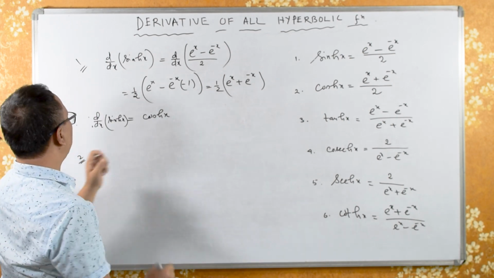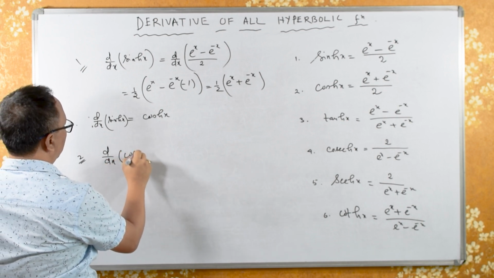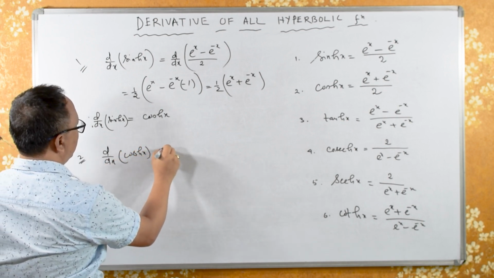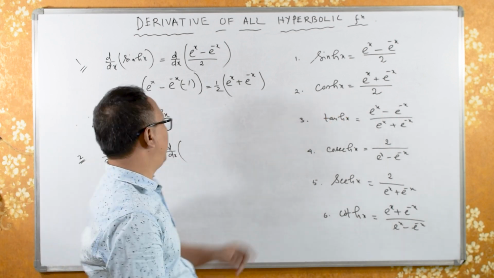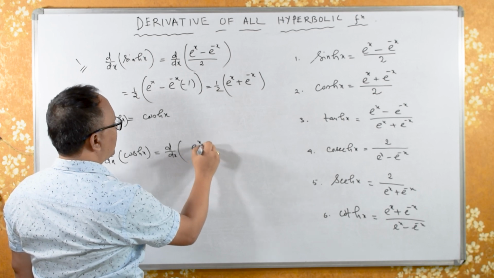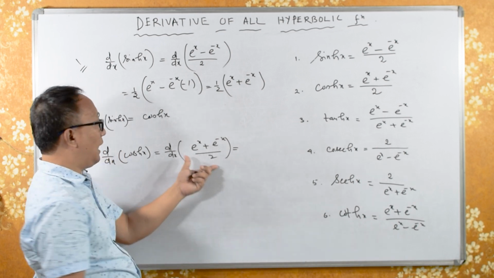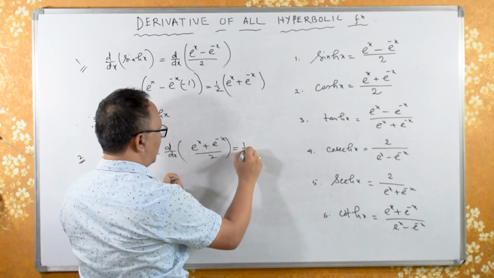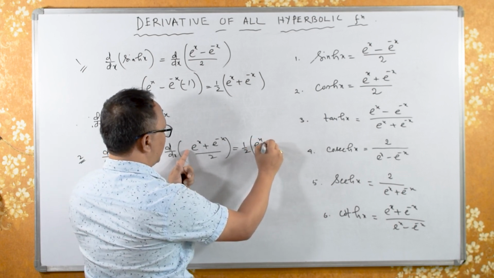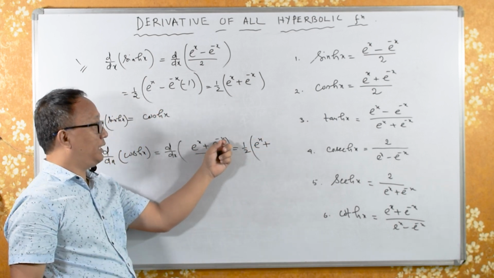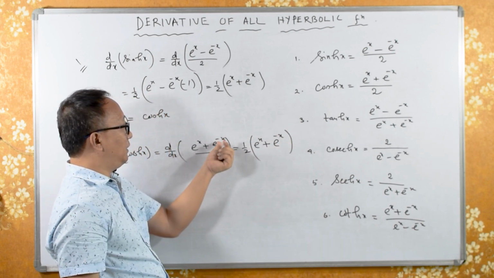Okay, what is the derivative of cosh? d by dx of cosh x is equal to d by dx of, what is cosh? Here we have e raised to x plus e raised to minus x upon 2. Here I can take half outside since it is constant. d by dx of e raised to x is e raised to x, plus d by dx of e raised to minus x is e raised to minus x. Again you have to differentiate this with respect to x.